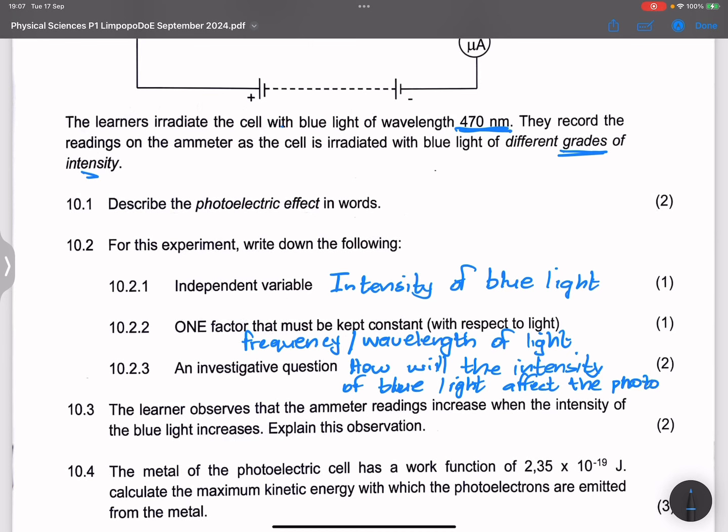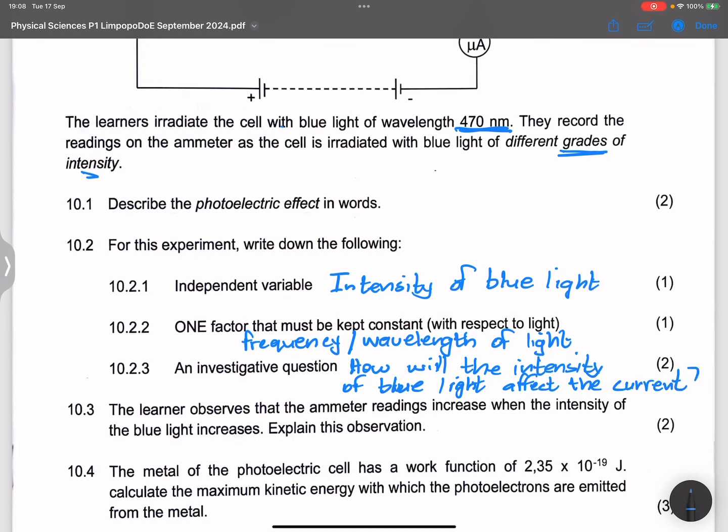Or you can just simply say the current on the emitter. And please remember to put a question mark. In fact, let me just say the current in the circuit.